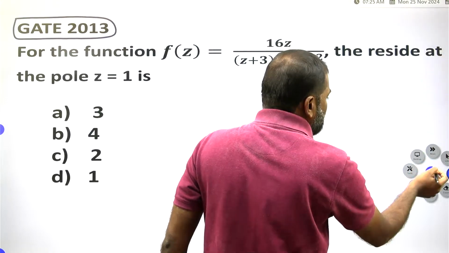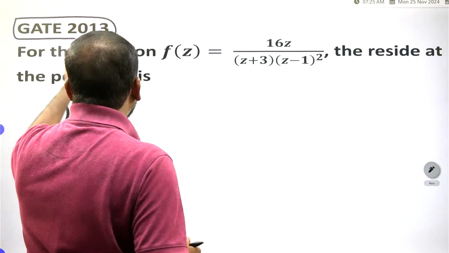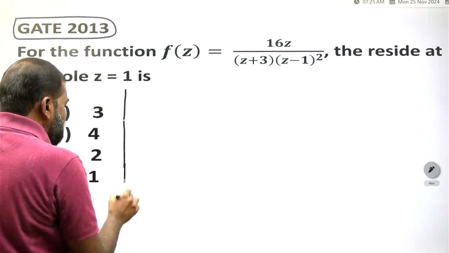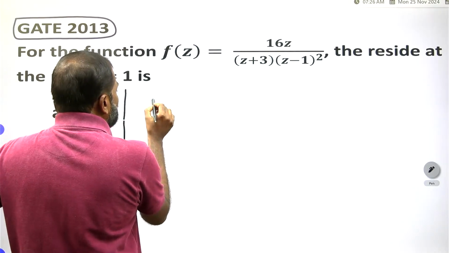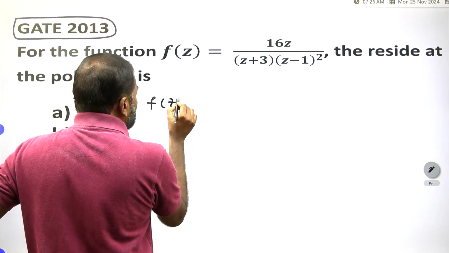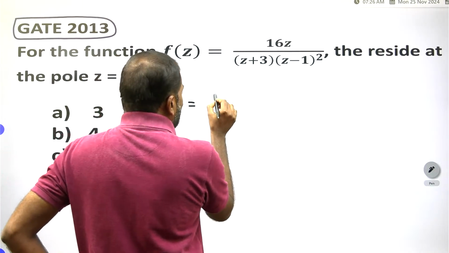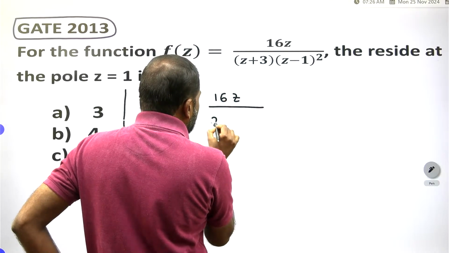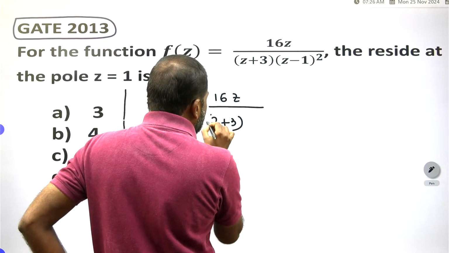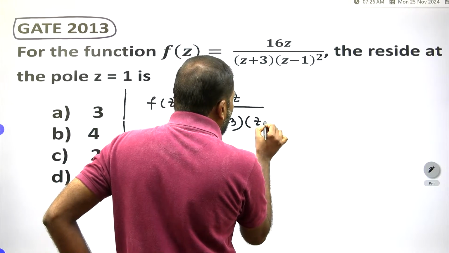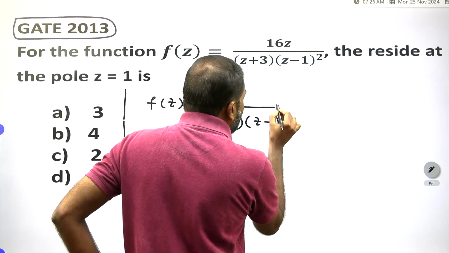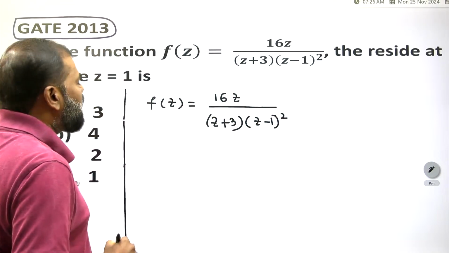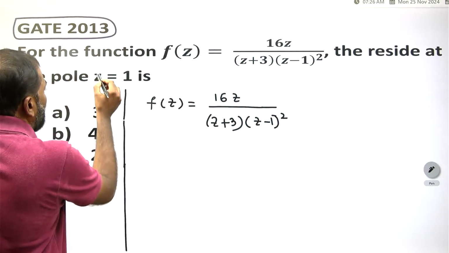For the function f of z, I am solving the solution. f of z is equal to 16z divided by (z plus 3) into (z minus 1) whole square. The residue at the pole z is equal to 1.